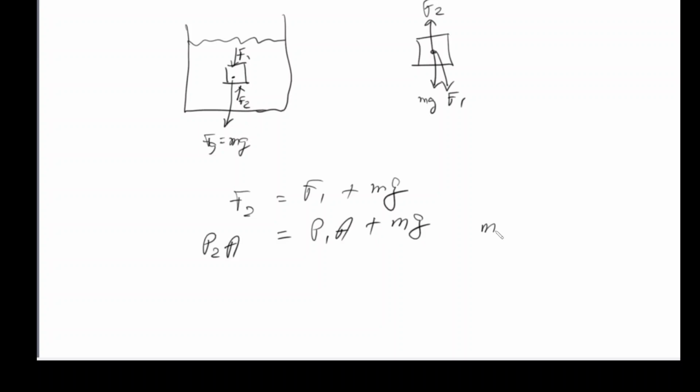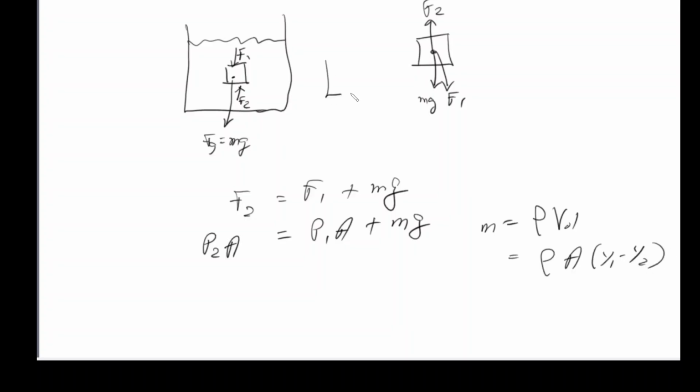Now, mass is equal to density times volume, and volume is equal to the area times the change in depth.